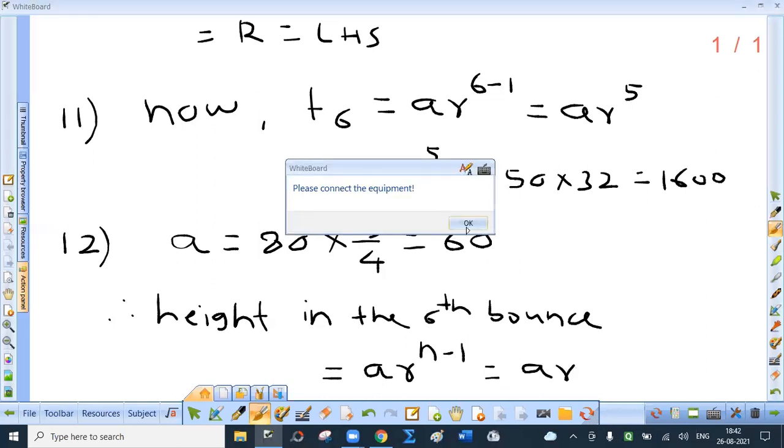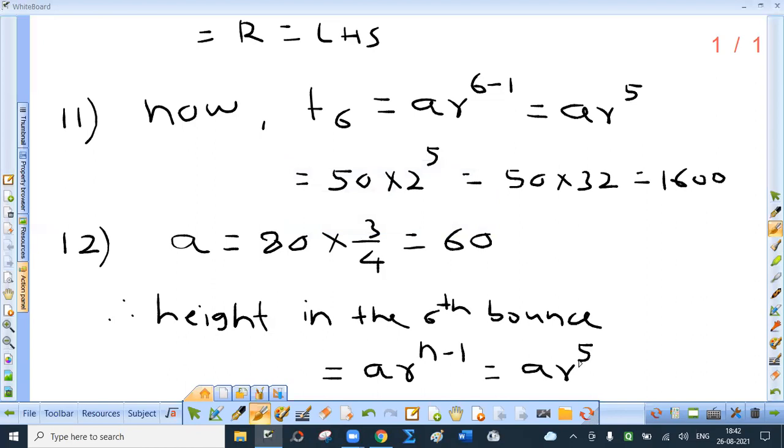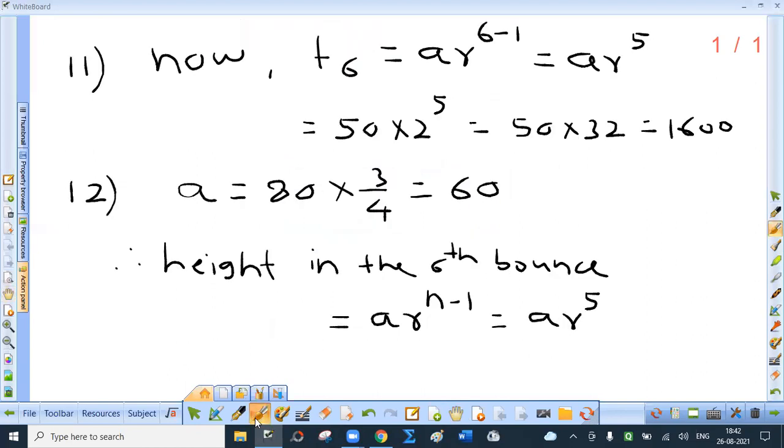So ar raised to 5. Substitute the values. You need not simplify this. Just keep this as 60 into what is R? 3 upon 4. Yes, this is the answer. Of course, unit will be feet.